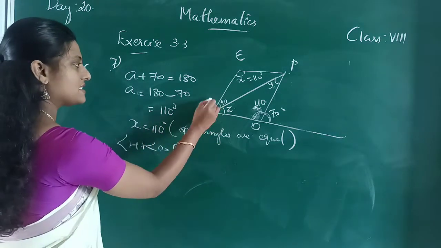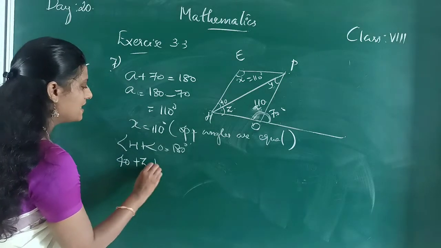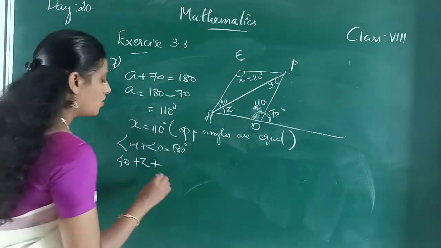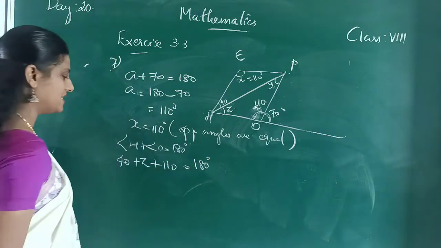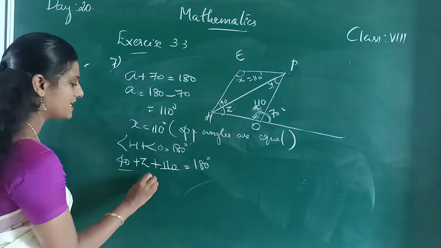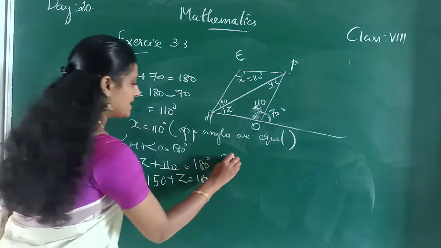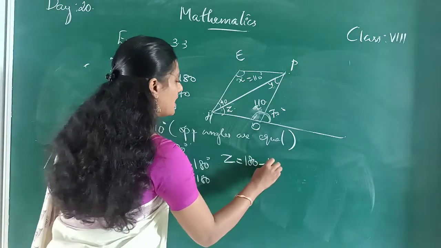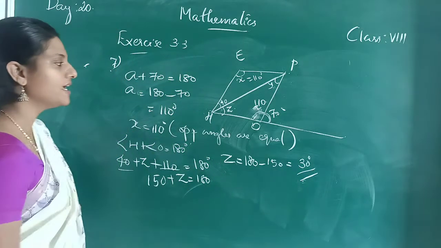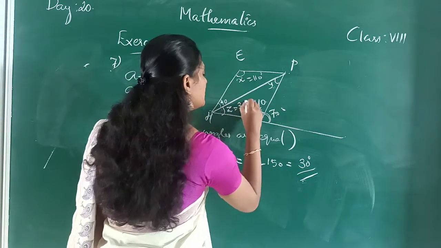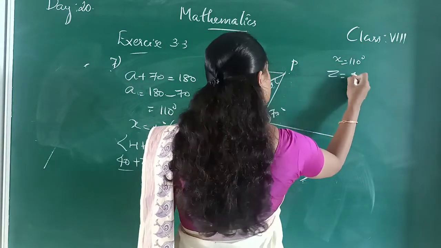What is angle H? The sum of 40 and Z. So 40 plus Z plus angle O, which is 110 degree, is equal to 180 degree, or 40 plus 110 is 150 plus Z is equal to 180. Z is equal to 180 minus 150. What is the answer? 30 degree. So Z is 30 degree. X is 110 degree. Z is 30 degree.